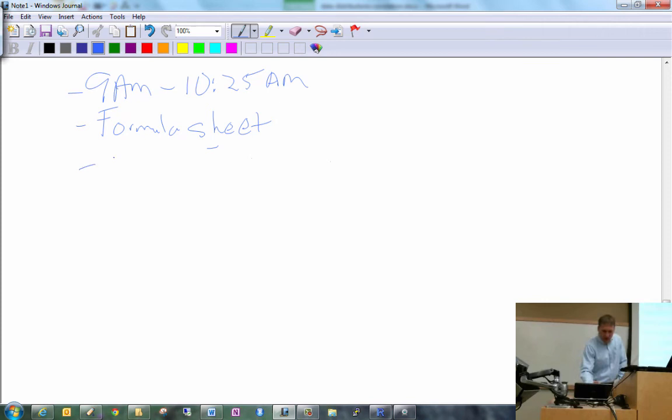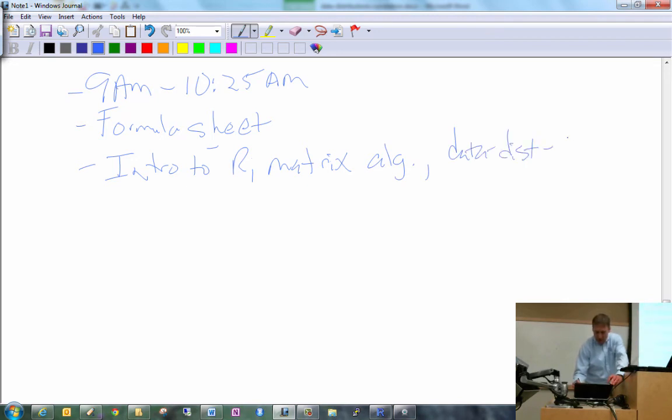As for the sections that you're responsible for on this test: the Intro to R, the matrix algebra, and then the data, distributions, correlation section, up until right before we get to the eigenvalues and eigenvector stuff.